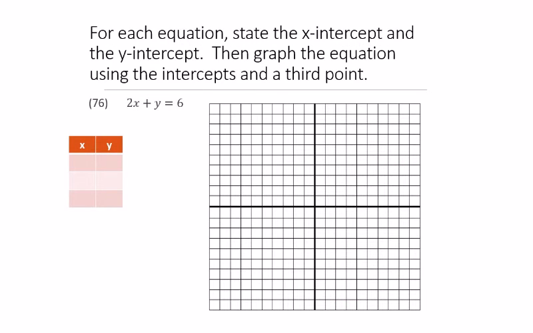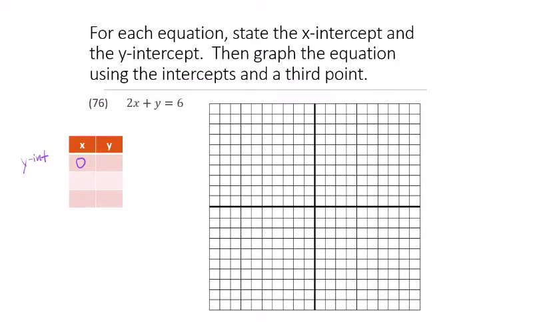Here's an example where we're actually using the intercepts to graph a line. It says for each equation, state the x-intercept and the y-intercept, then graph the equation using the intercepts and a third point. Let's start with the y-intercept. We're going to set x equal to 0 to find the y-intercept, because remember the y-axis is where x equals 0.